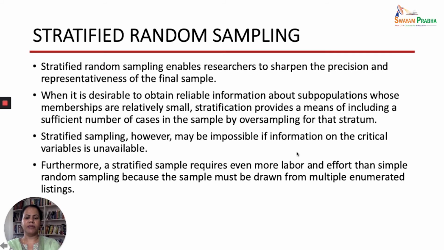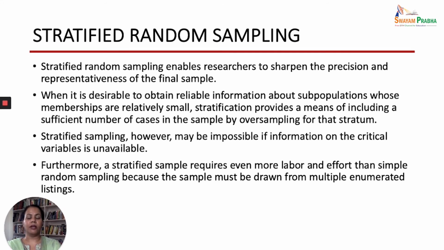Furthermore, a stratified sample requires even more labor and effort than simple random sampling because samples must be drawn from multiple enumerated listings. Now here in stratified sampling design, your strata might be 2, 3 or 4. So it means you will have 4, 3 or 2 sampling frames, and from each sampling frame you will be selecting the subjects.